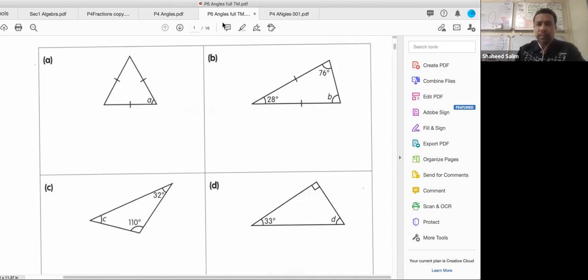Fast, Zahin. Congratulations, Zahin. Yeah, for C and D also. If you can use a calculator, also no problem.